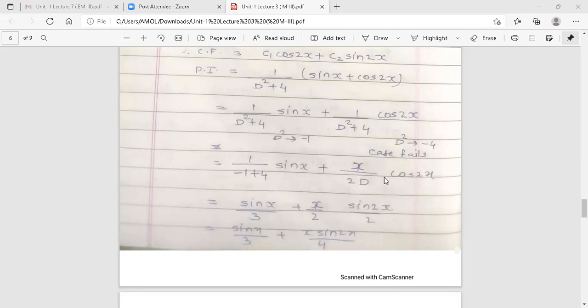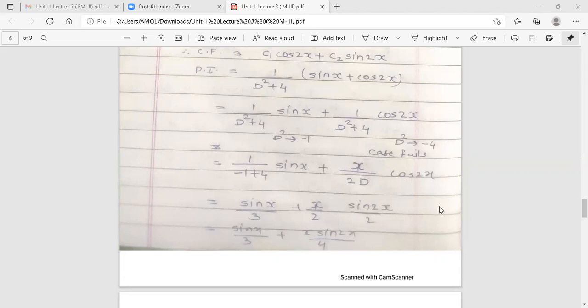So 1 by D of cos 2x means integration of cos 2x, which is sine 2x upon 2, because the coefficient of the angle is 2. So this x by 2 as it is. So it is correct. So the answer is sin x upon 3 plus x into sine 2x by 4. 2 2s are 4. So this is your PI.